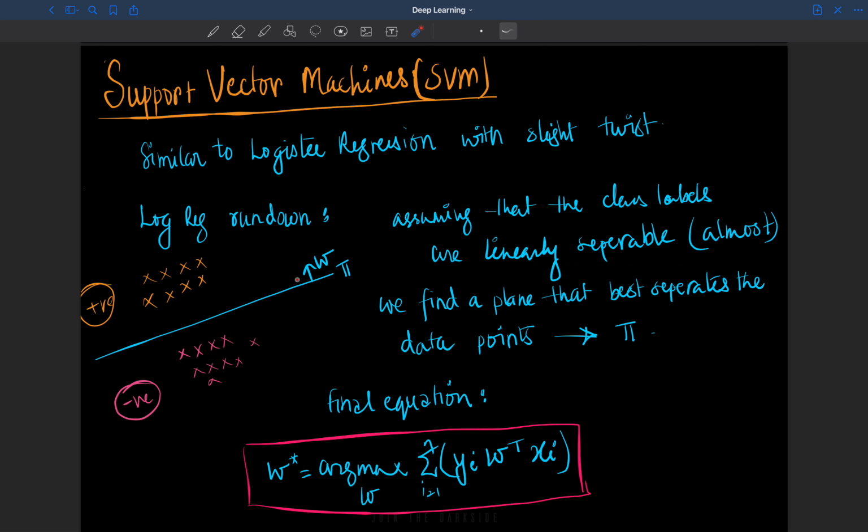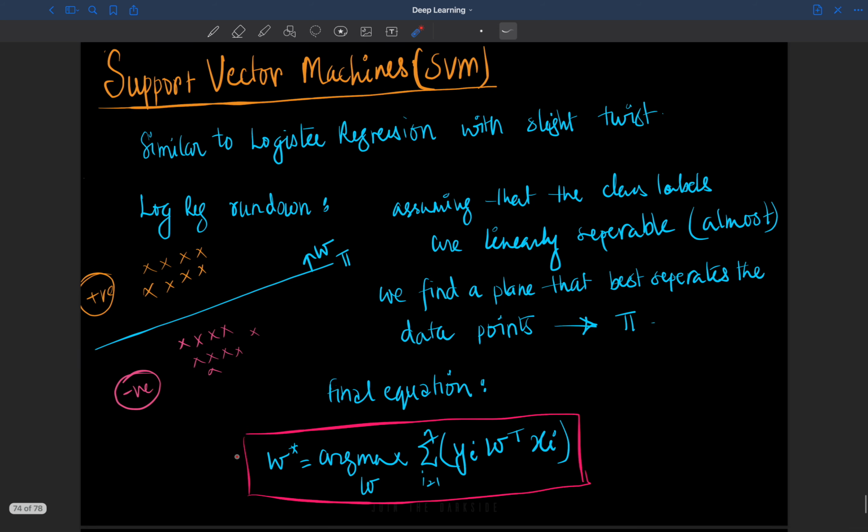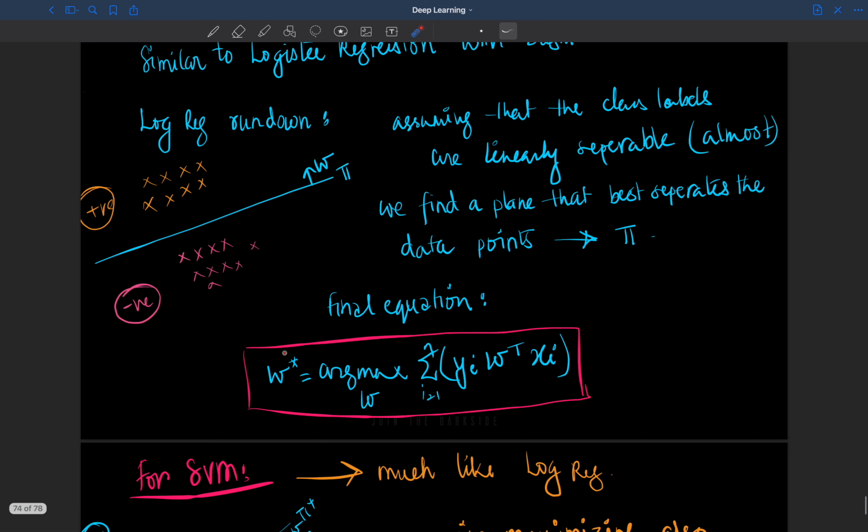So our motto is to find the plane that best separates both the classes. So the final equation is, we need to find the plane. We are calling the plane W star, and we need to maximize the distance between the two classes, that is yi w transpose xi.